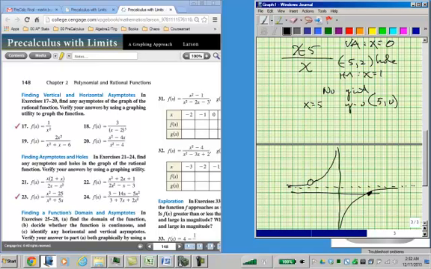Now, when you have a factor in the denominator that makes the denominator equal to 0, and it doesn't cancel, then whatever value of x that makes that factor equal to 0 is an asymptote. When it does cancel, then you have a hole. That's about it.